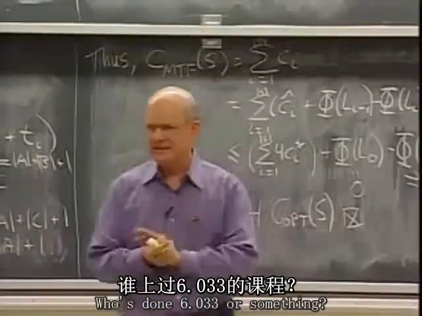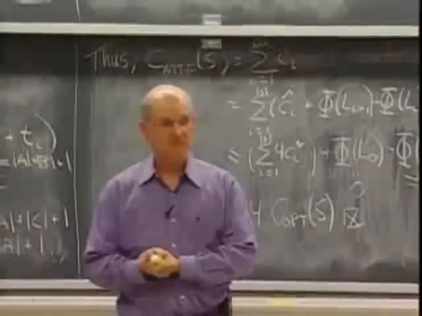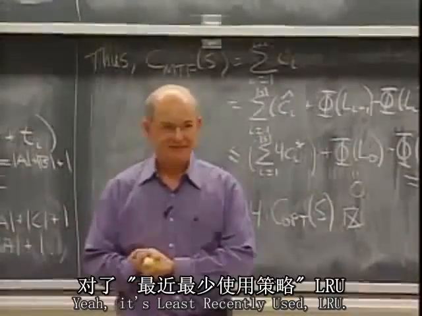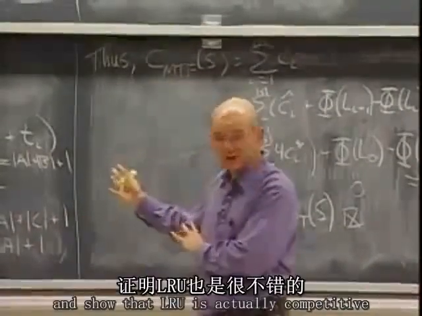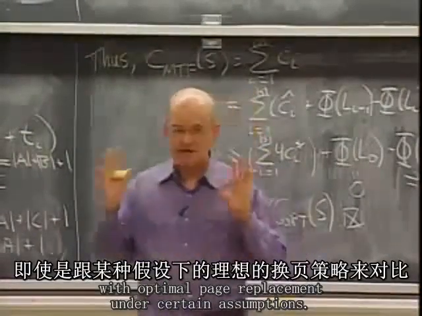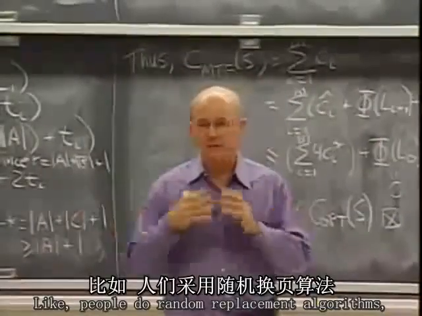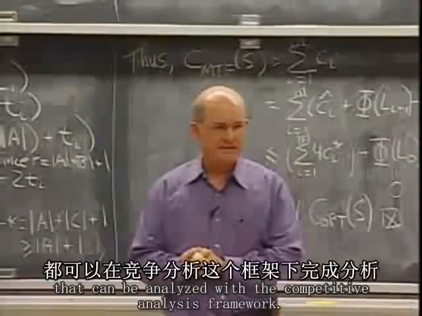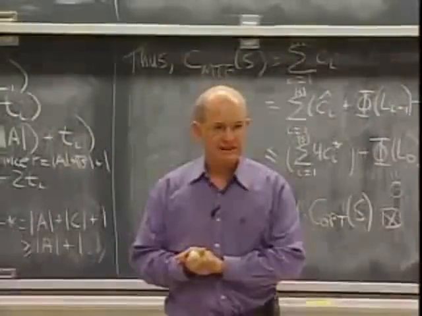Who's done 6033 or something? Yeah, it's least recently used, LRU. People have heard of that. So you can analyze LRU and show that LRU is actually competitive with optimal page replacement under certain assumptions. And there are also other things, like random replacement algorithms, and a whole bunch of other kinds of things that can be analyzed with the competitive analysis framework. So it's very cool stuff.